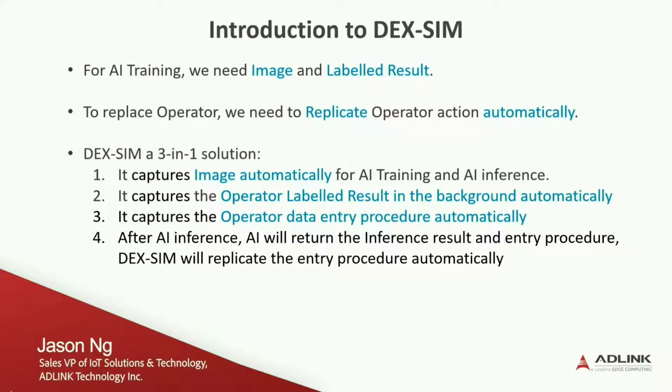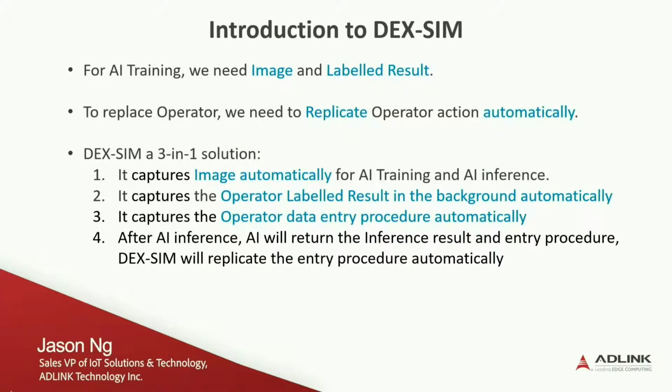Here, let me introduce you to another product, the DEXSIM. For AI training, we need images and labeled results. To replace the operator, we need to replicate the operator's actions automatically. DEXSIM is a 3-in-1 solution where it captures images automatically for AI training and AI inference.